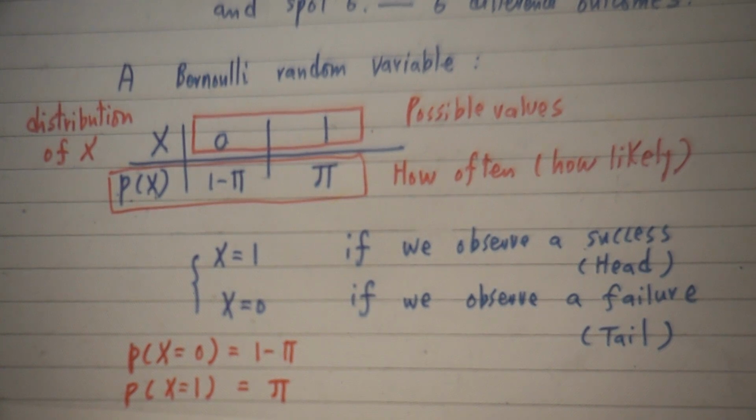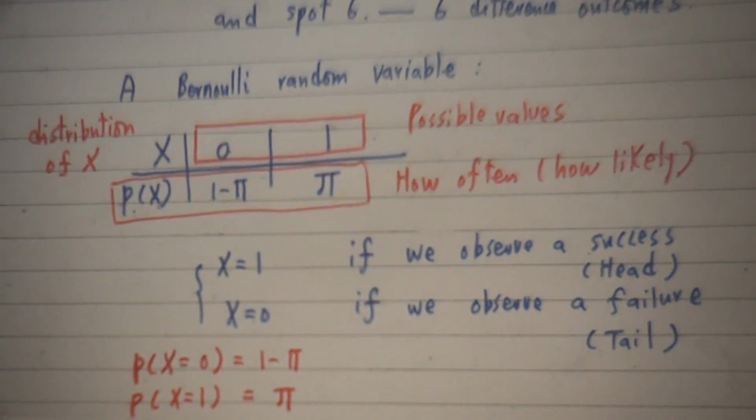Next one. Let's talk about the expected value of x. If x follows a Bernoulli distribution with parameter pi, this notation means follows.